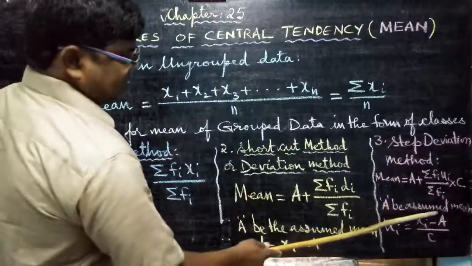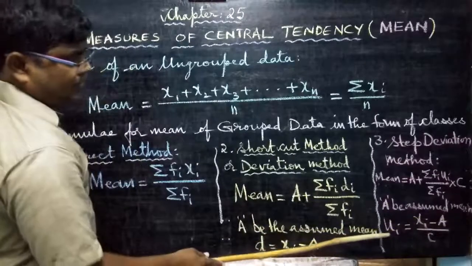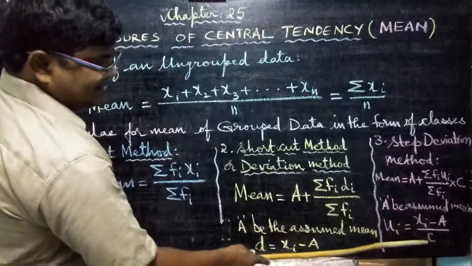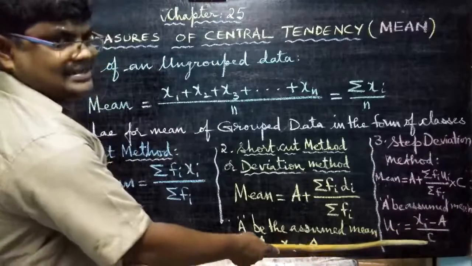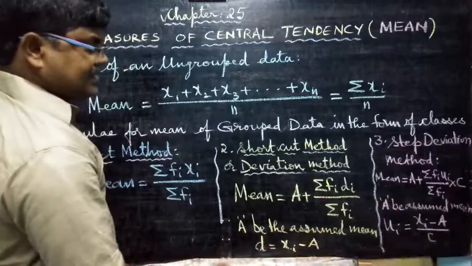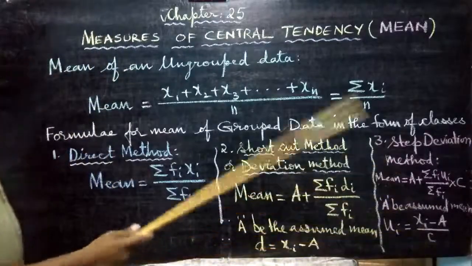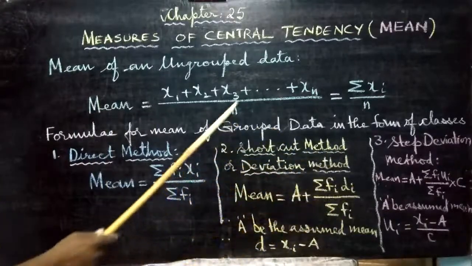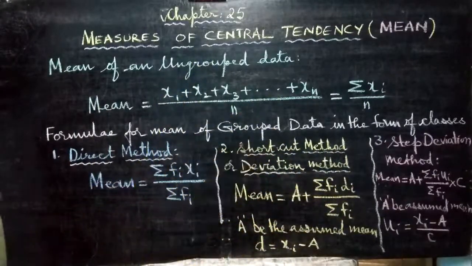A is again the same assumed mean. And how to find ui? ui is xi minus A by C. C means the class size, or length of the class or class interval. So this is the introduction of this new chapter.